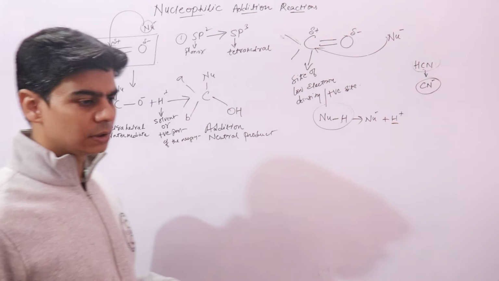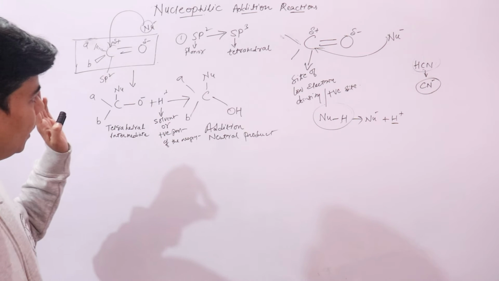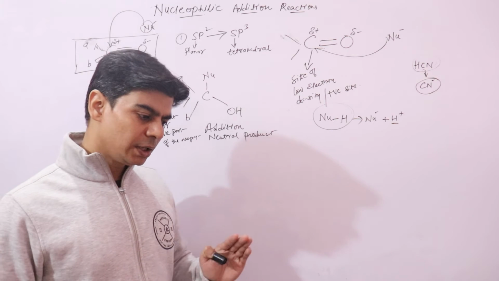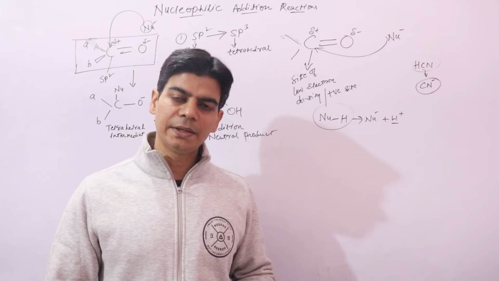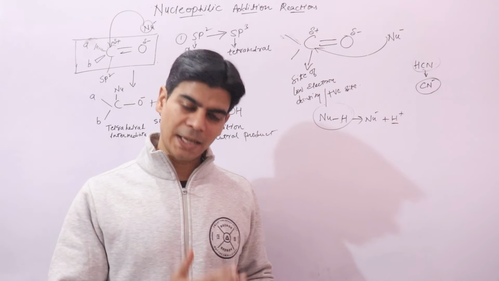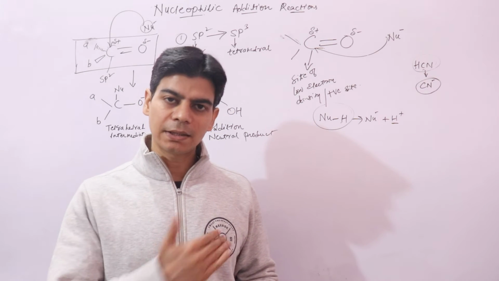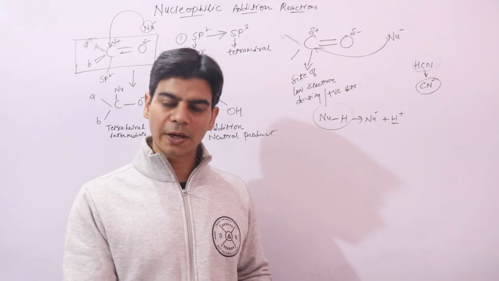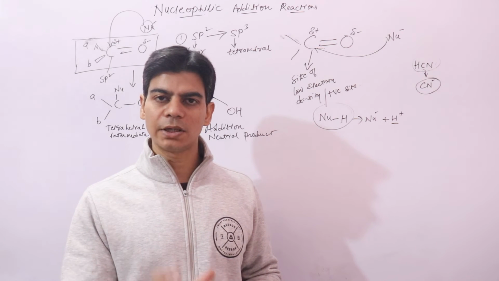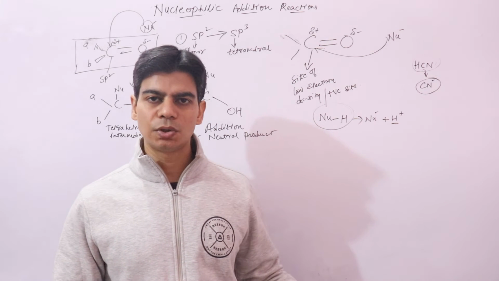Now there are two things to it. The nucleophilic addition reactions to aldehydes and ketones may occur in the presence of acids. These reactions may be catalyzed by acids if the nucleophile is a weak nucleophile, for example ammonia or alcohol.